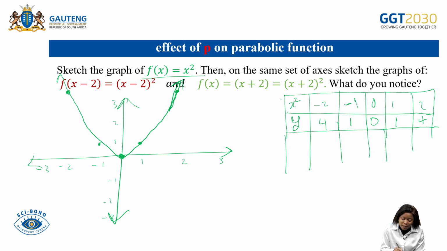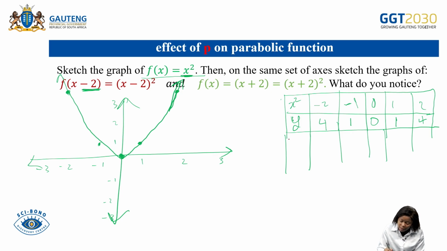But what if now your value of p has been introduced where there is x. Now we have x minus 2. So here they introduced a minus 2. Your graph has been shifted 2 units to the right, right? Okay, let's see what's going to happen. Let's use a different color.